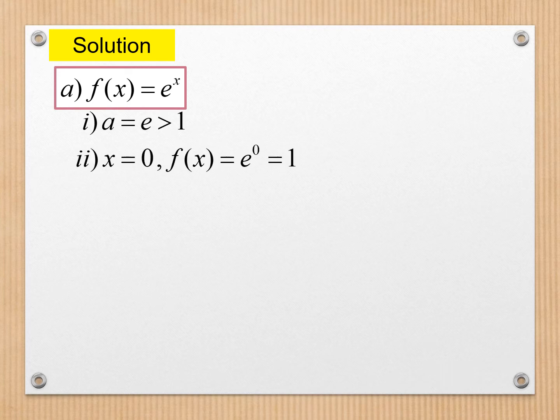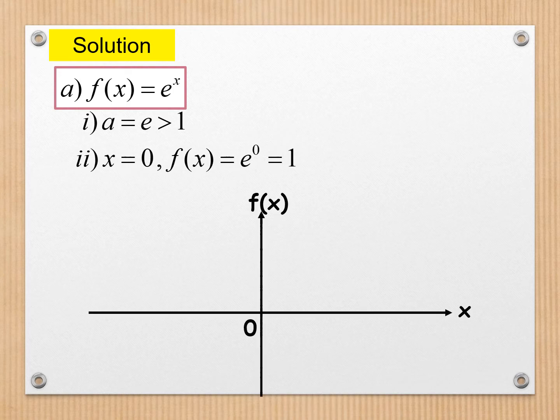Then we find the y-intercept. To find the y-intercept, we substitute x equals 0 into f(x) and it becomes e to the power of 0, which is equal to 1. So the y-intercept is 1. Then we draw the x-axis and y-axis, and plot the y-intercept 1.